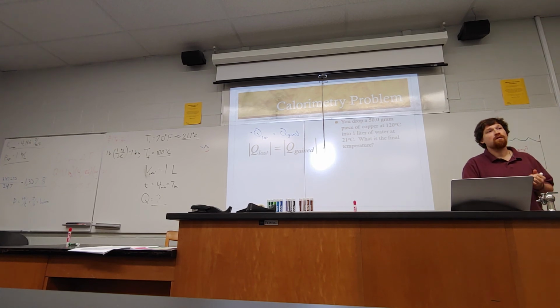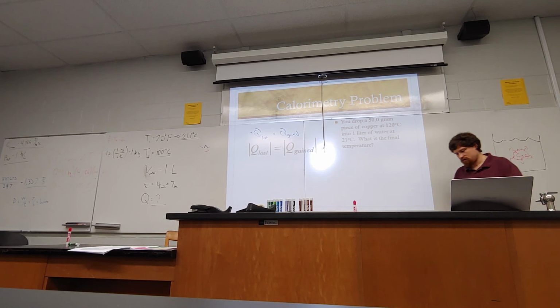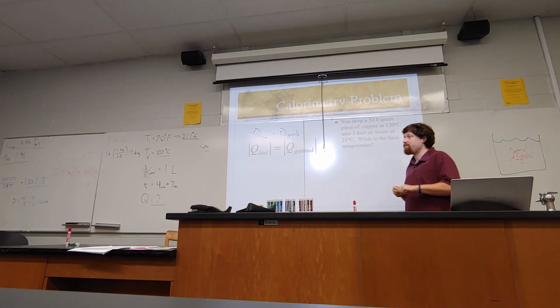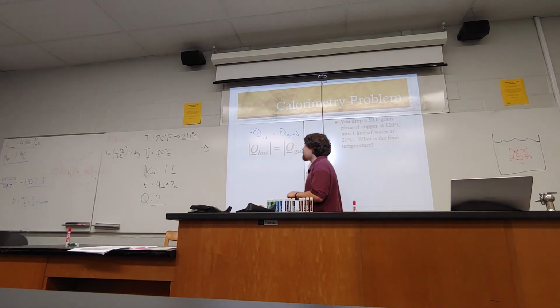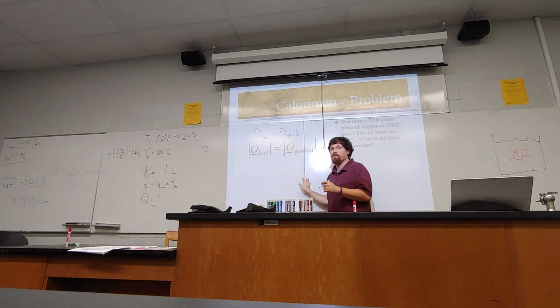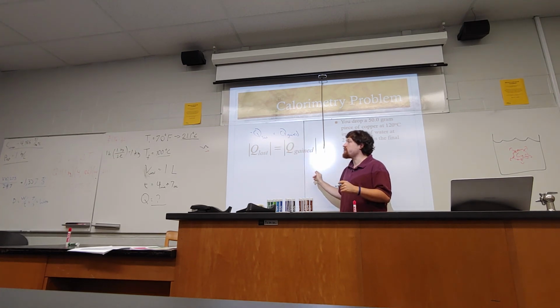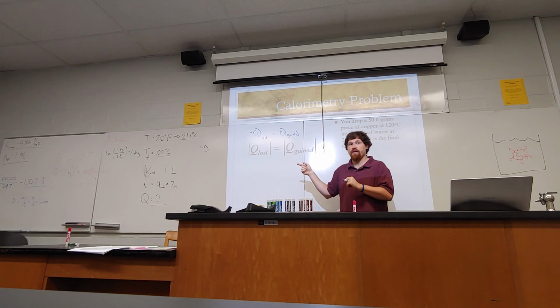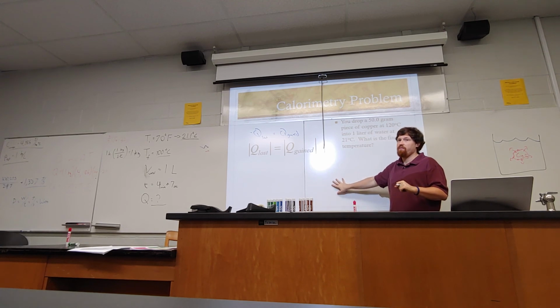Isn't this a problem where we put like MC delta T equal to each other, and we do one as the copper specific heat and the other one as the water specific heat? Correct, very good. So, we have one Q set equal to a different Q, and Q is equal to MC delta T. So instead of Q's, we can rewrite it as MC delta T equals MC delta T, but we just have to be specific about what side is what.